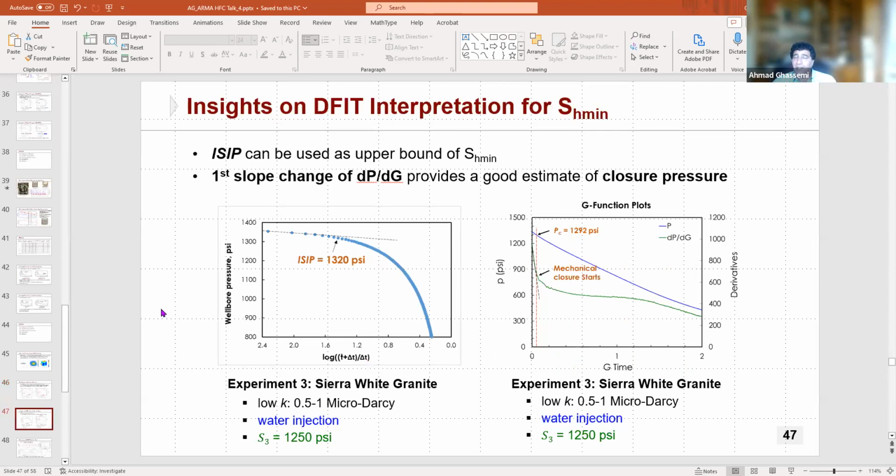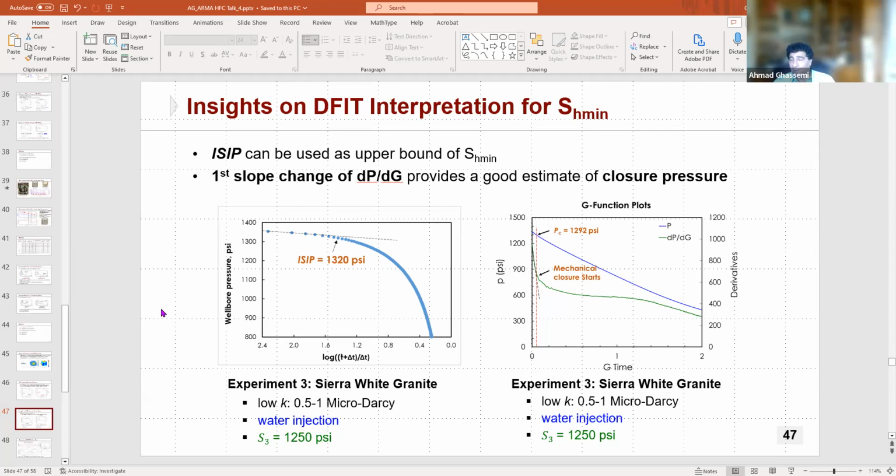What else do we want to say? And ISIP, and we are aware that of course ISIP has drawbacks when you use it for interpretation of field scale tests, but there are also corrections that can be made. And so in general, though, it does provide a fairly reliable upper bound on the closure pressure.